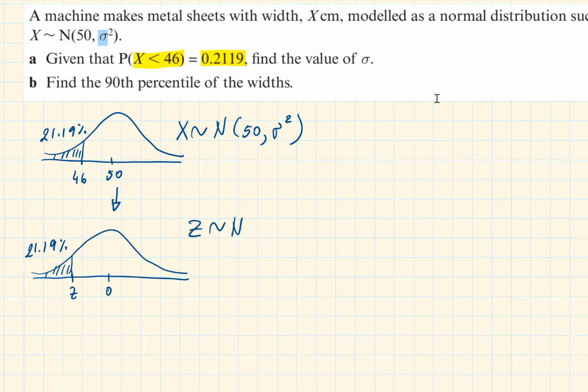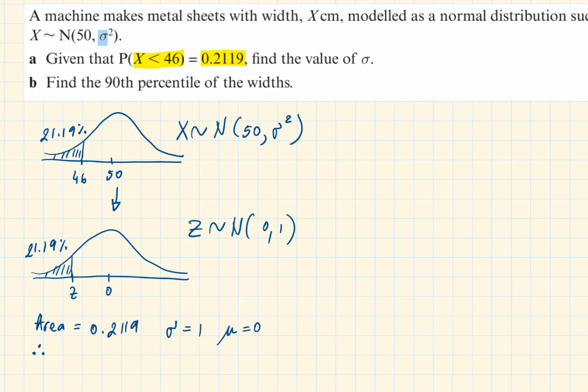The z is normally distributed with mean 0 and standard deviation 1 or variance 1. On our calculators, we repeat the same steps to reach the inverse normal distribution, and the area under the graph is 0.2119, standard deviation 1, and mean 0.